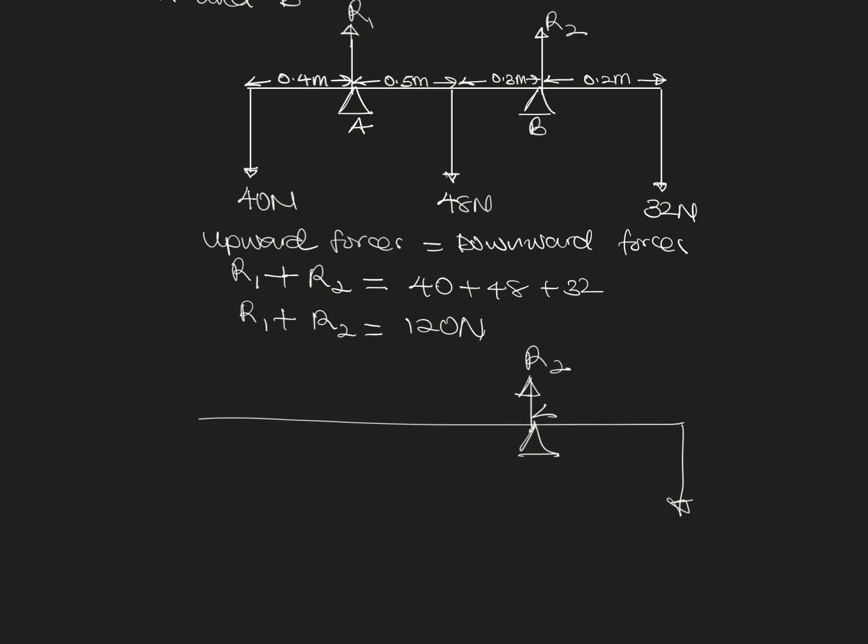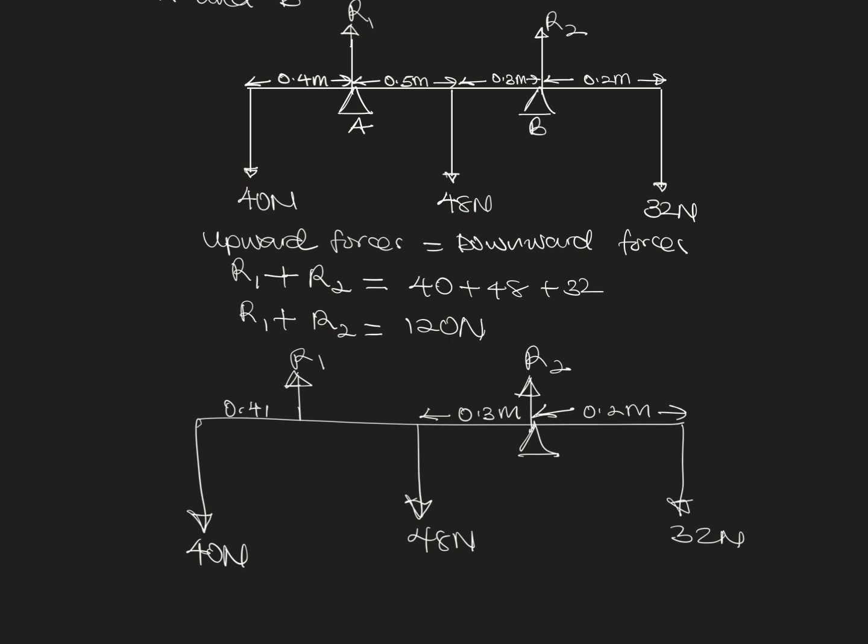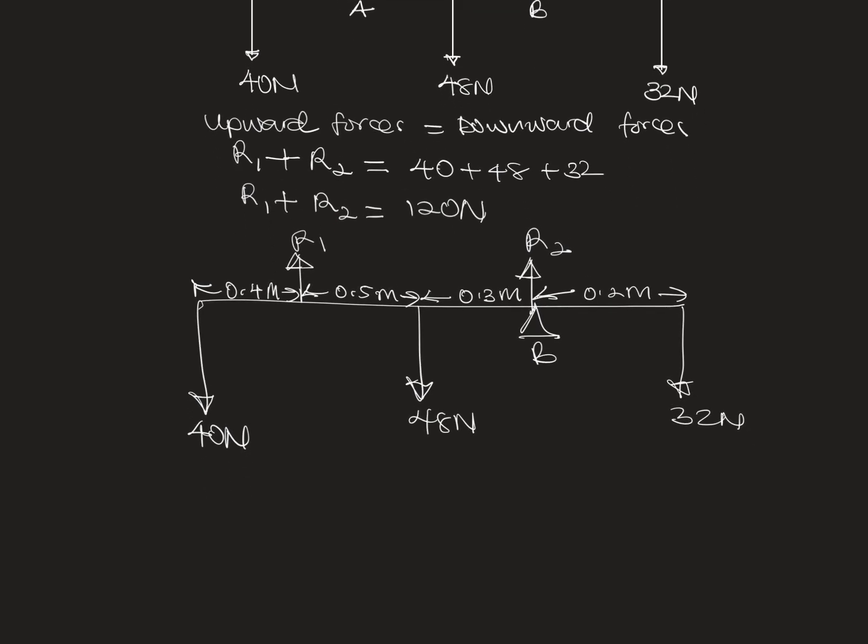We have R2, we have 0.2 meters, we have 32 newtons, we have 48 newtons, we have 0.3 meters, we have the R1, we have 40 newtons. Let's complete the distances. 0.5. Okay, so this is pivot B.